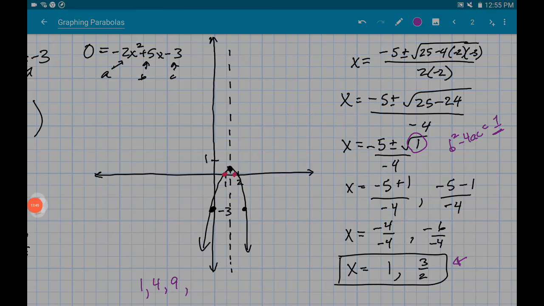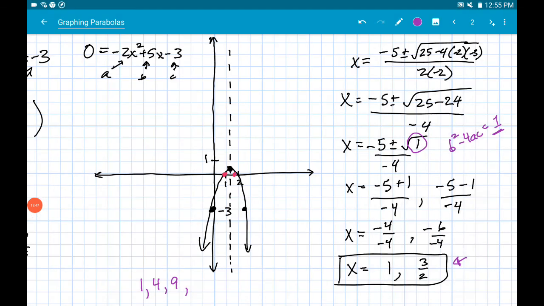I'm writing them quickly. I'm running low on time. YouTube cuts me off at 15 minutes. Because it's a perfect square, it means I could have factored this. Meaning if I pull out a negative and then actually try to factor this, you're going to have like a 2x and an x.